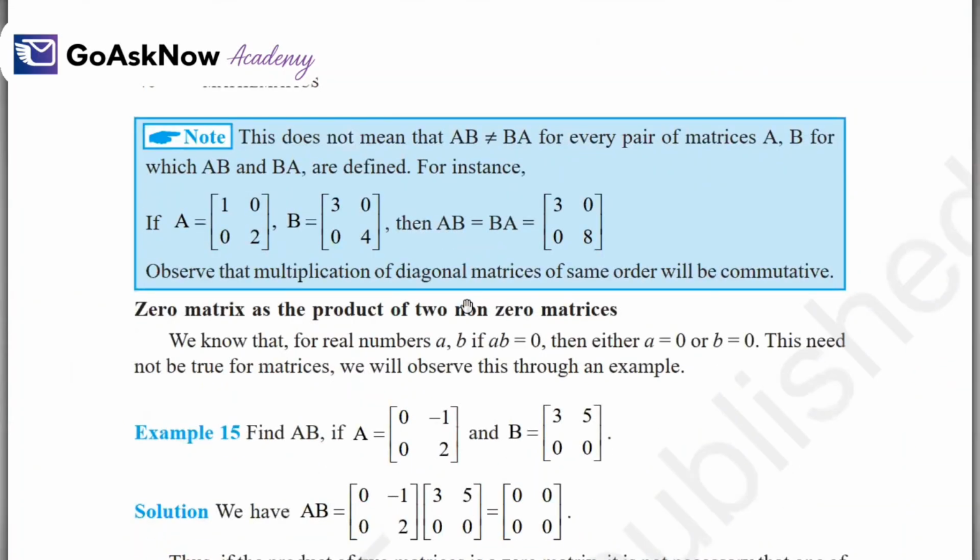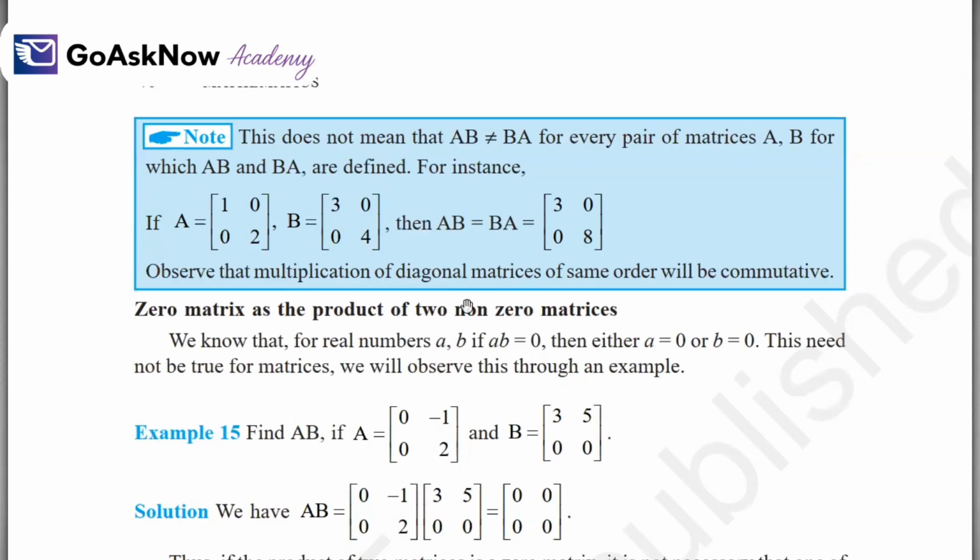It is possible that you have square matrices whose multiplication is commutative, like AB equal to BA, but you have to choose special types of matrices. That is true only for some very rare matrices.